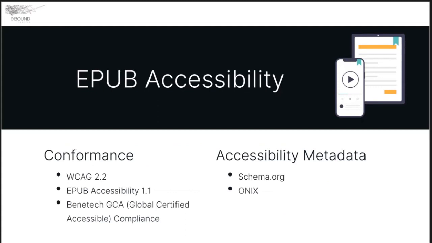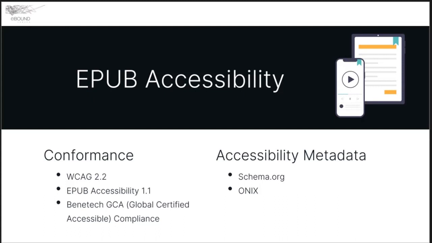And then post-export, with the EPUB itself, you can conform to the latest conformance specs, such as WCAG 2.2, or Web Content Accessibility Guidelines, and the EPUB Accessibility 1.1 spec.